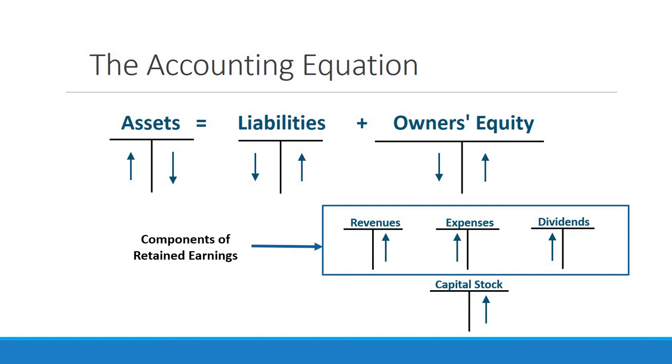We might also have a scenario where we increase one asset but we decrease another asset. So for example, if we purchase inventory, we're going to have inventory go up, that's an asset, but we're going to have cash go down, and that's also an asset. If we increase one asset and decrease another asset, then there's no change in the overall balances, the total balance, we're just moving it from one asset to another asset.